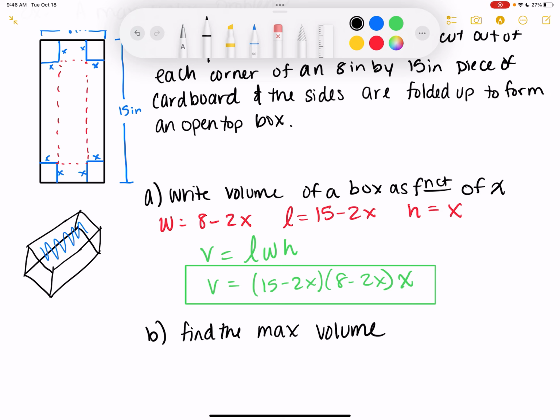You can turn them all off. Then you go to y equals. If you have anything in your y equals, clear it. Then you're typing this in exactly as it's written.